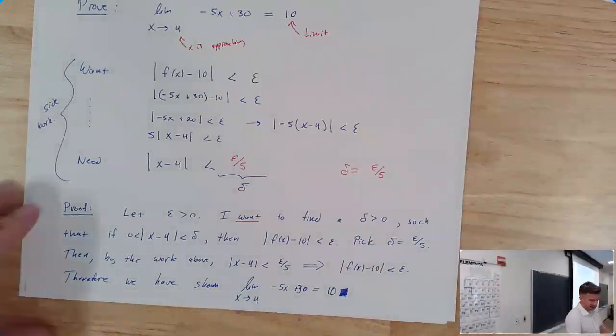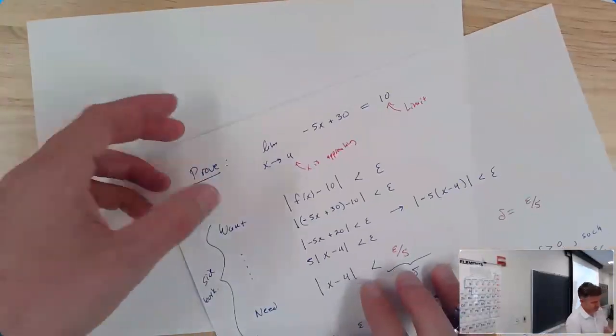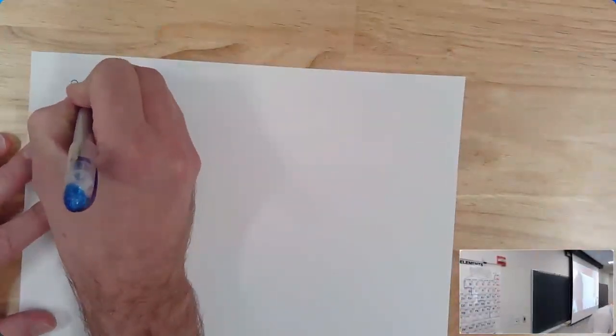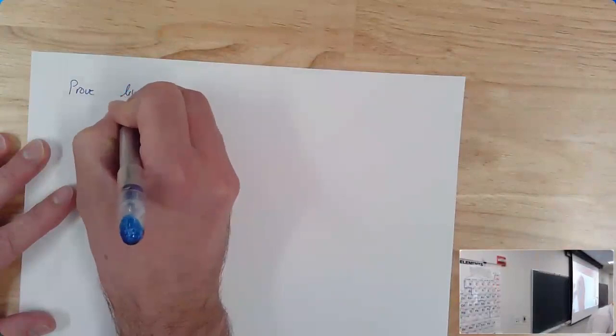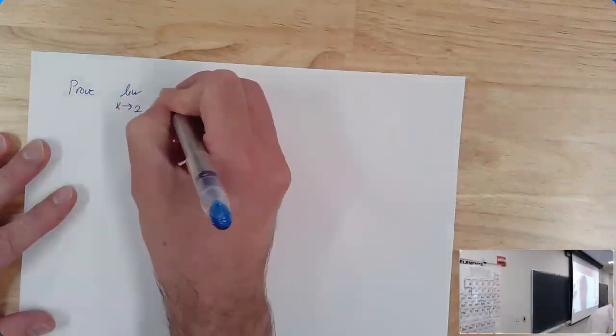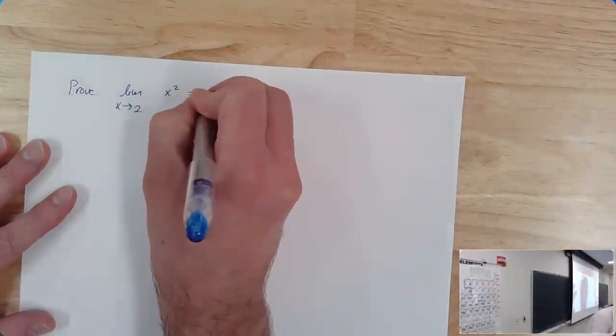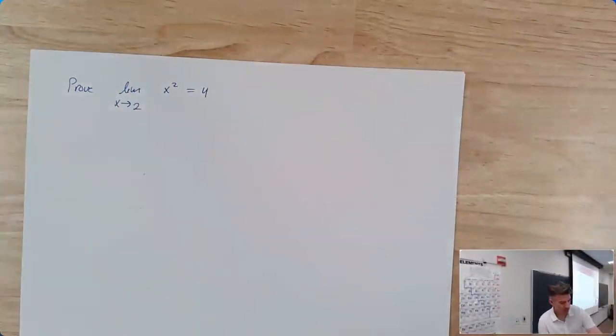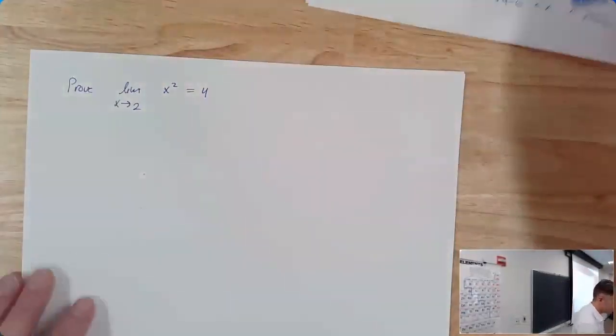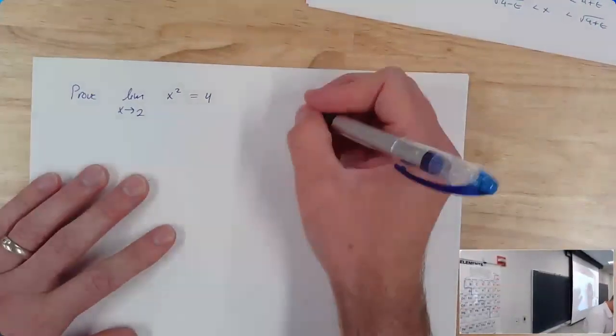Okay. So now, here's where things are a little harder. We want to prove that the limit as X approaches 2 of X squared is equal to 4. And so here's the problem. Draw a picture here.